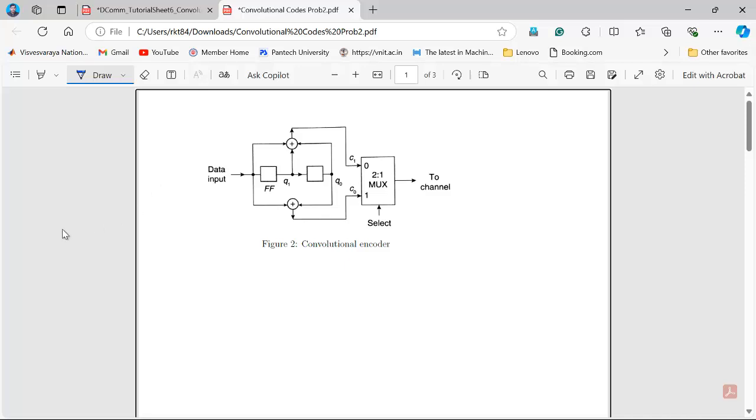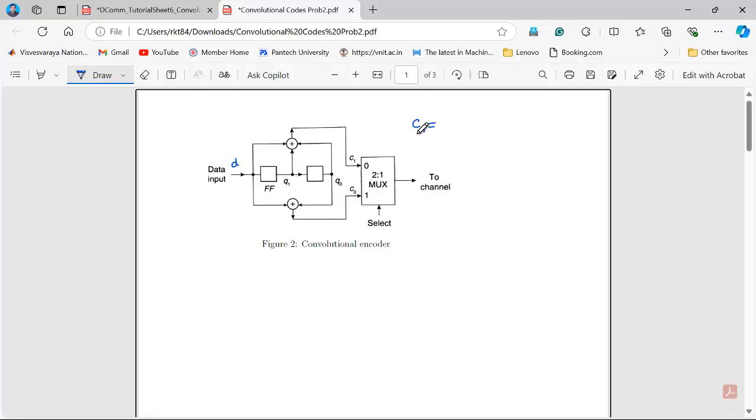whatever the change in the input or states you have, so easily you can draw the table. Here I am representing the data bit by D, Q naught is the output of the second flip-flop, and for the first flip-flop it is Q1. We have to write the equation for C1, the code word.